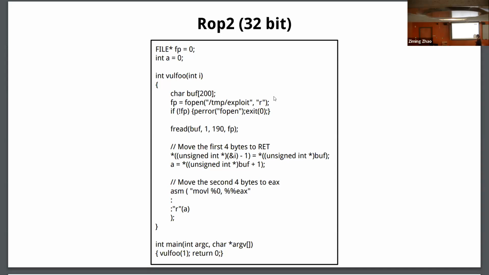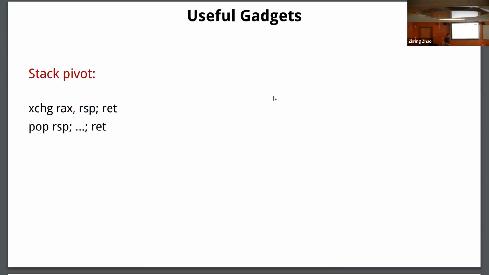Here, besides controlling the return address, you also control EAX. However, you do need the stack. You need to override a lot of addresses or even put some data on the stack, right? So the gadget I want you to use is the stack pivot gadget. We talked a little bit about this.